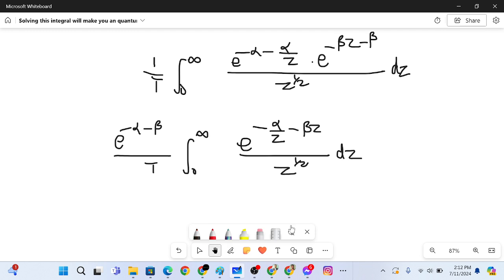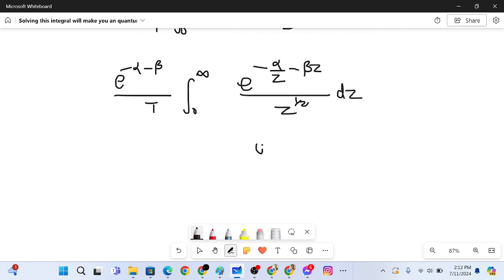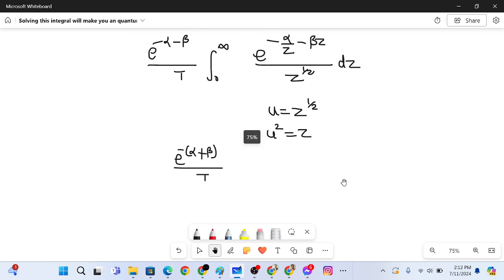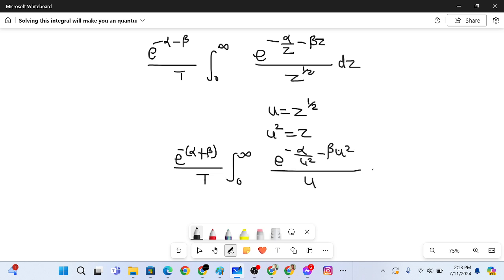Again, let's make a u substitution. Let u be z to the power 1 by 2, so that u square is z. So we get e to the power minus of alpha plus beta by t, and then integral from 0 to infinity of e to the power minus alpha by u square minus beta times u square, divided by, now z to the power 1 by 2 is just u, and dz is also 2u du.